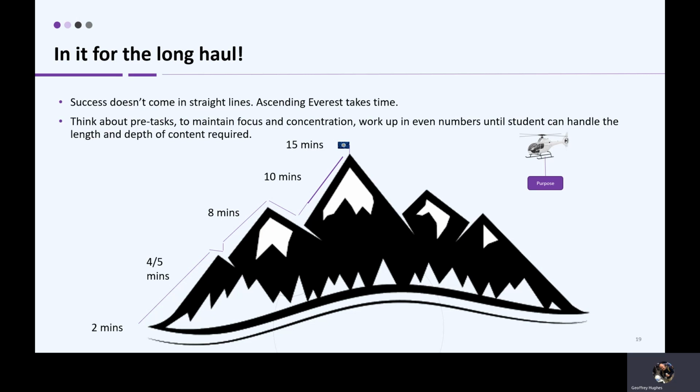And really plan your session, because what can happen is when you start to overload students with too much work and too many tasks, then they can start to switch off. But to maintain focus and concentration, think about breaking that down into manageable chunks. And always maintain a focus of what the session purpose is.